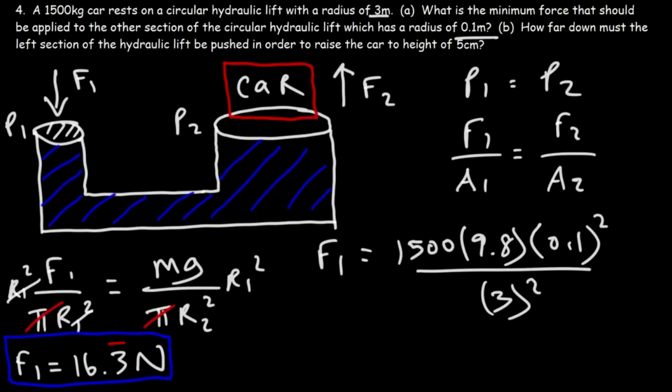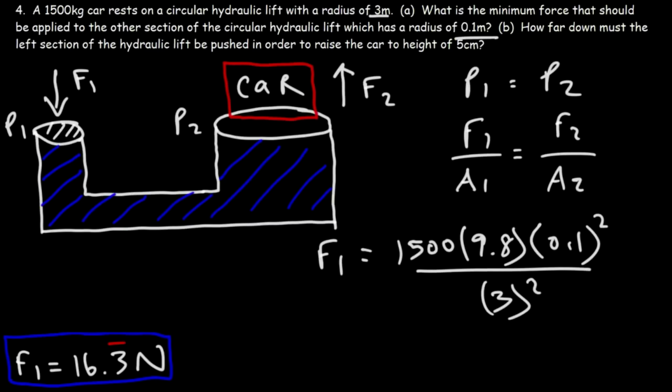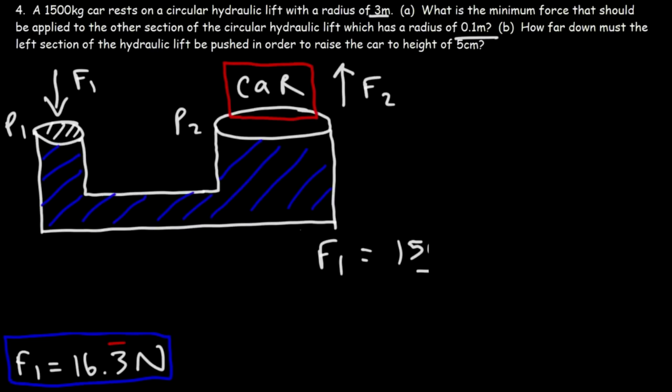Now let's talk about this. But first, let's get rid of some stuff. The hydraulic lift is basically a force multiplication device. It took our force of 16.3 newtons and multiplied it to a point where it's able to lift the car.